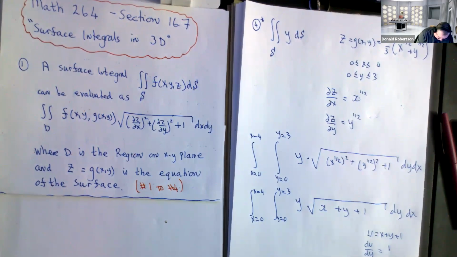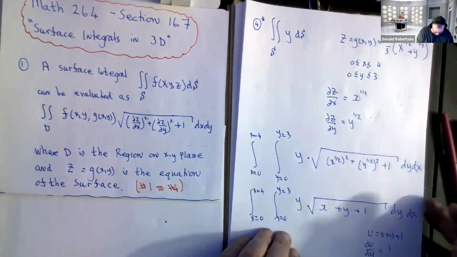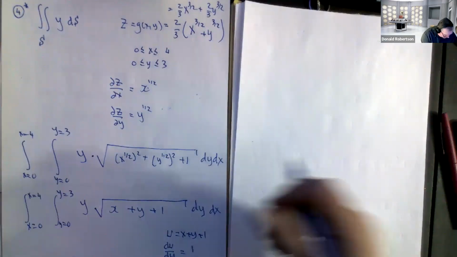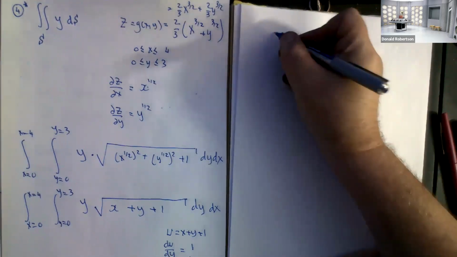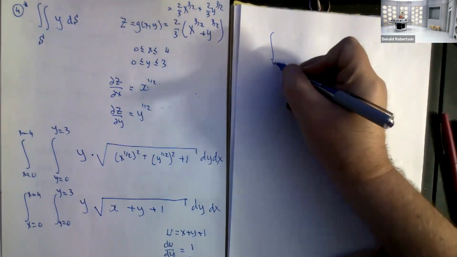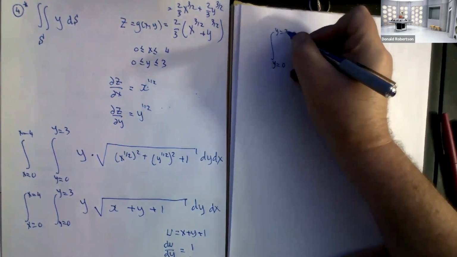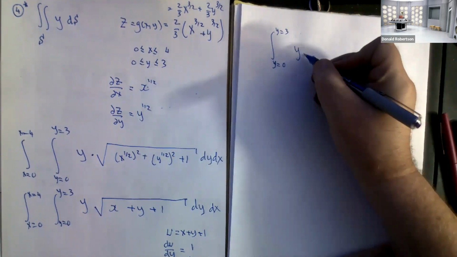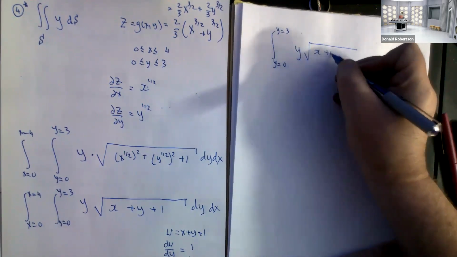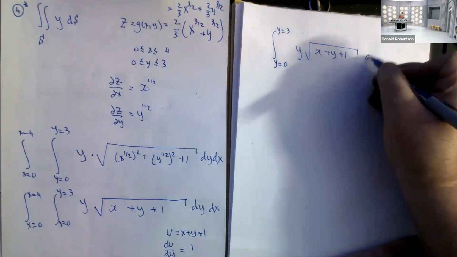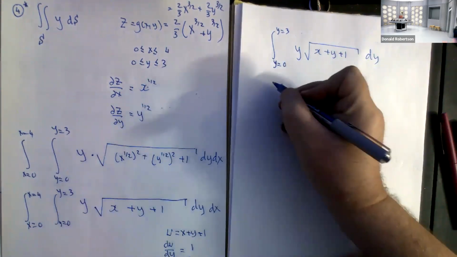So that makes du dy. I'm just going to focus on this integral and forget about the other for a while: y equals 0 to y equals 3, y times the square root of x plus y plus 1 dy.